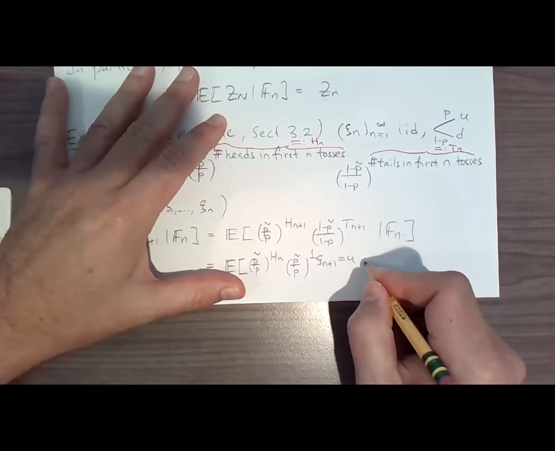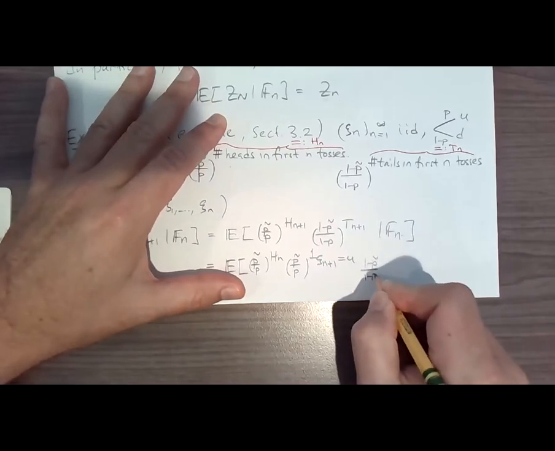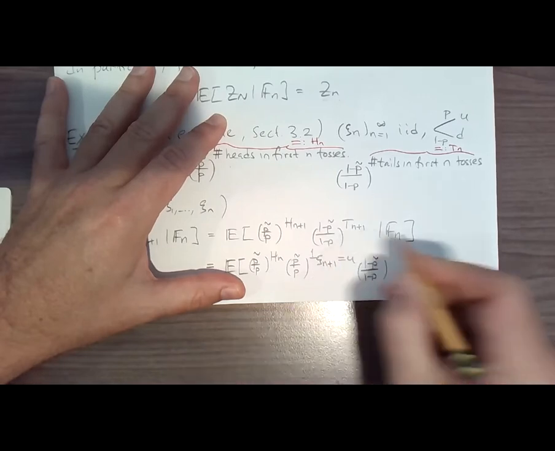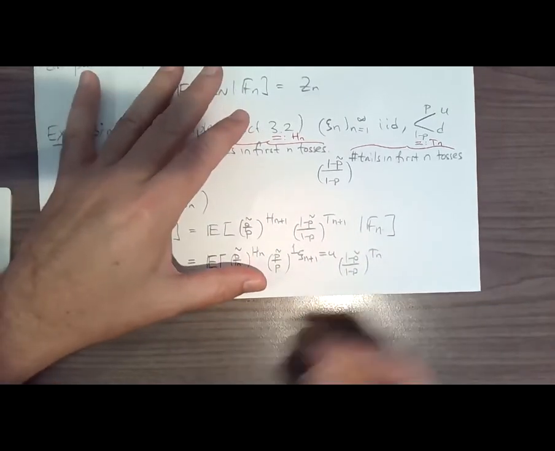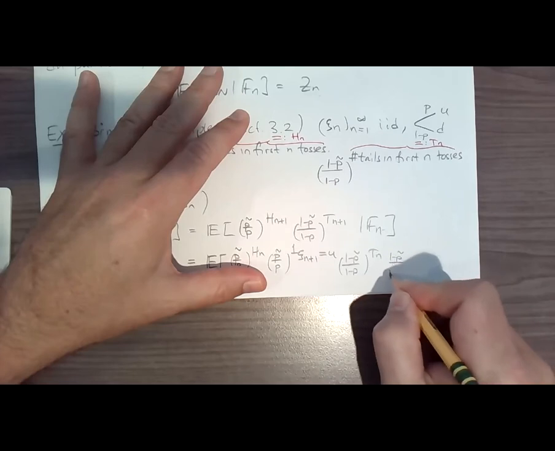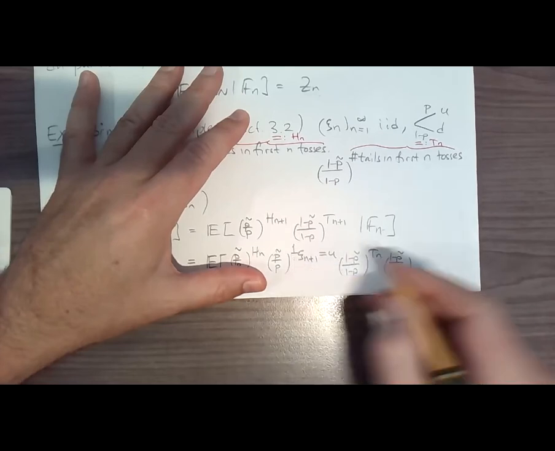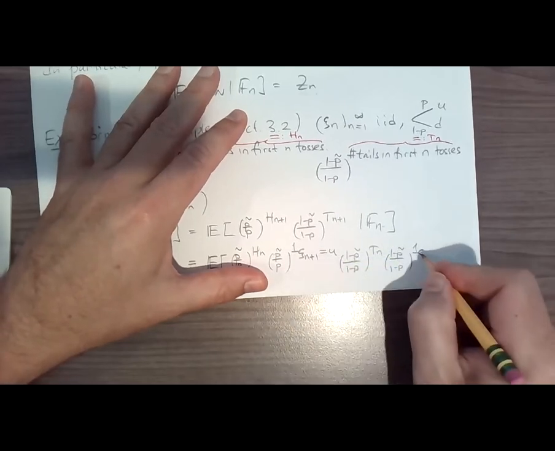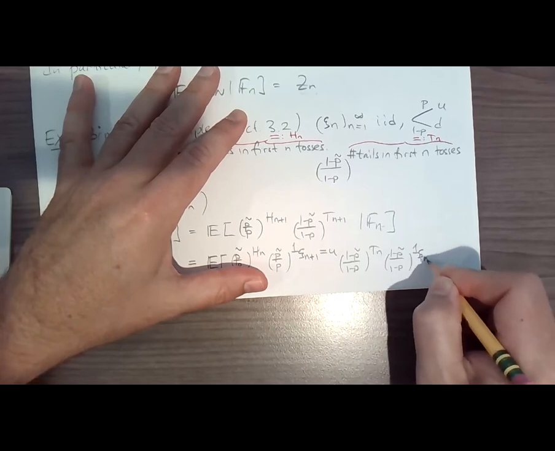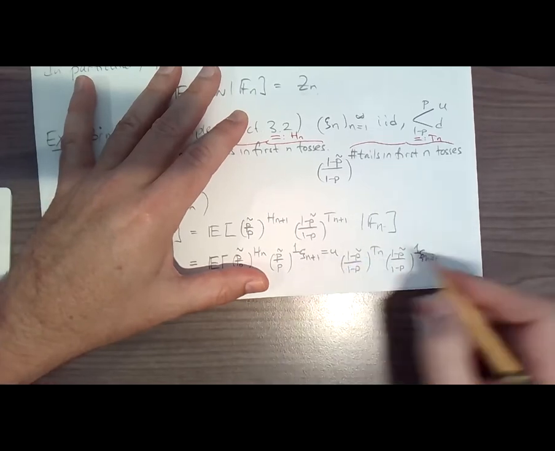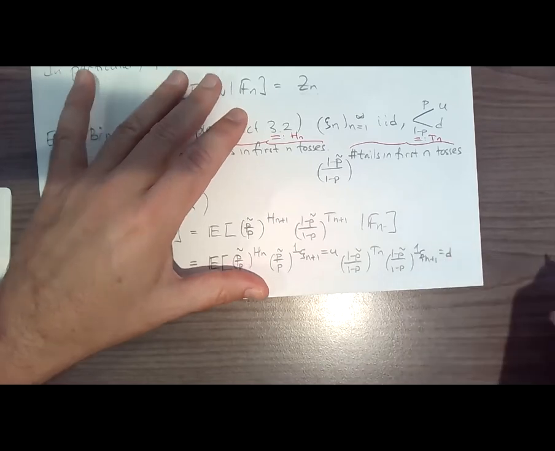And I can do the same thing for the tails. I'll have 1 minus p tilde over 1 minus p. This will be to the power Tn. And then 1 minus p tilde over 1 minus p, this would be the indicator that psi n plus 1, I need a tail, so this has to be equal to d.